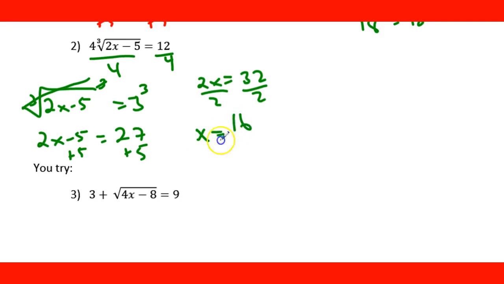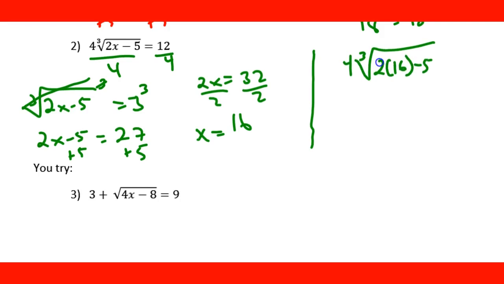16. All right. So then we go through and we check it. We're going to take 16 and plug it in. 4 times the cube root of 2 times 16 minus 5, and that should equal 12. So 2 times 16 is 32.